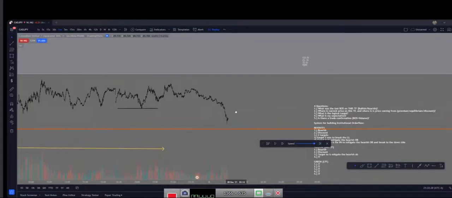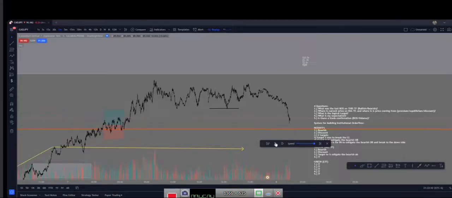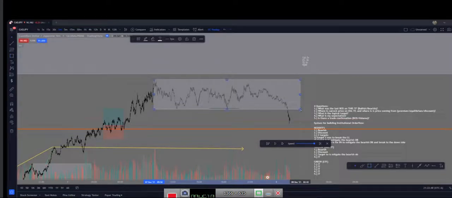So, what do you guys think? Some kind of test to here and then short, or? I think you probably wait to see what it's going to do. What's the higher time frame telling you?